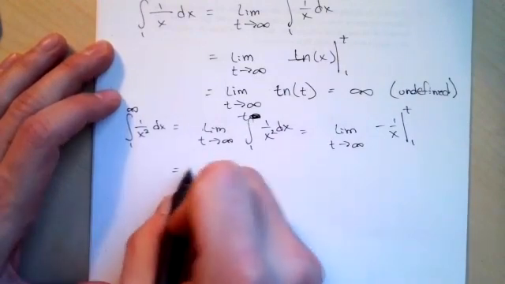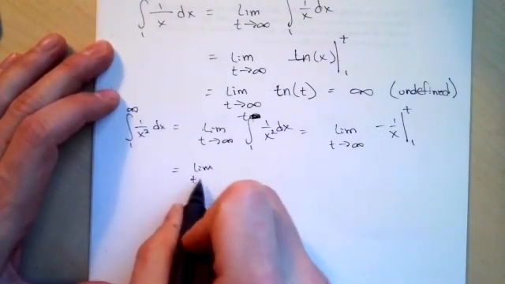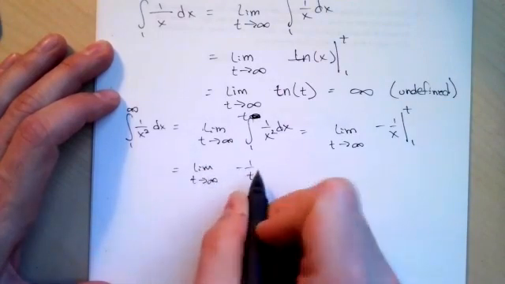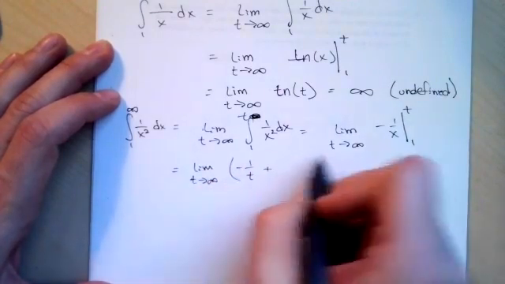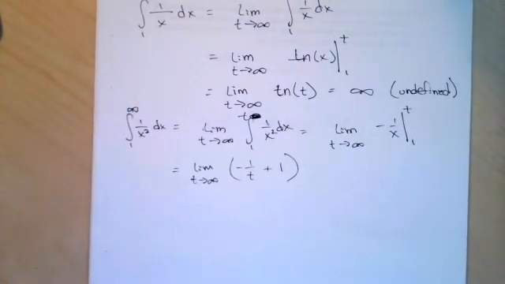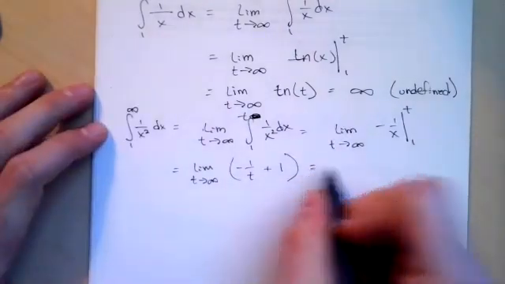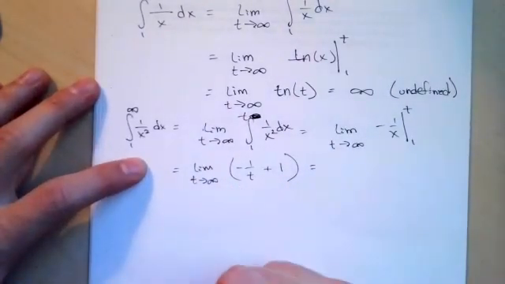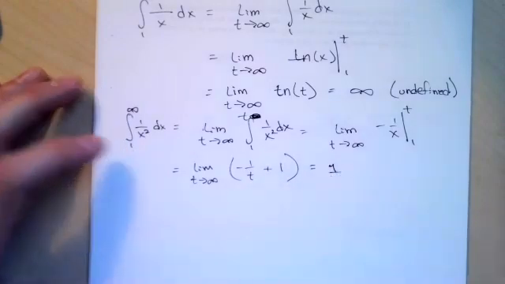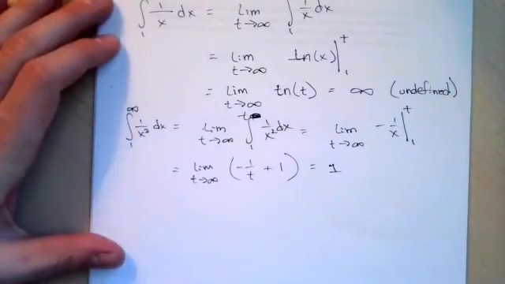So we'll get the limit as t goes to infinity of negative 1 over t minus a negative 1. And now, as we get off to infinity, we'll see that our limit is 1.